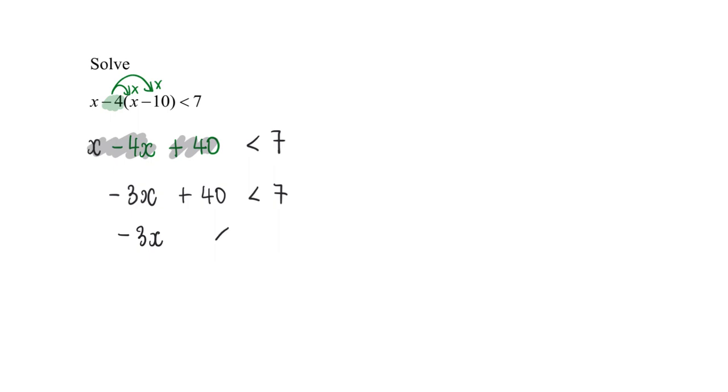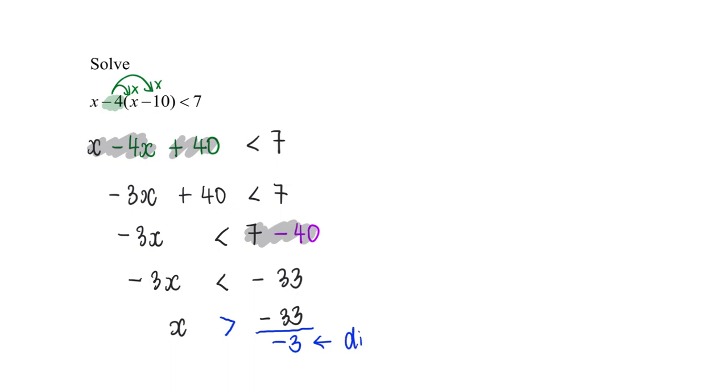I'm going to minus 40 on both sides of the inequality sign, such that it will become like this. This will give me a value of negative 33. And finally, my x. Do notice what I do next: I change the direction of the sign because I am dividing by a negative number.